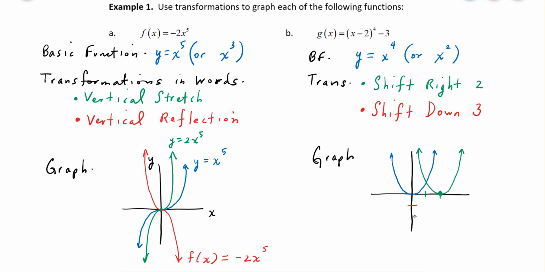And then we're going to shift the graph down 3 units. So where does the vertex wind up? If you said 2, -3, that's exactly right.